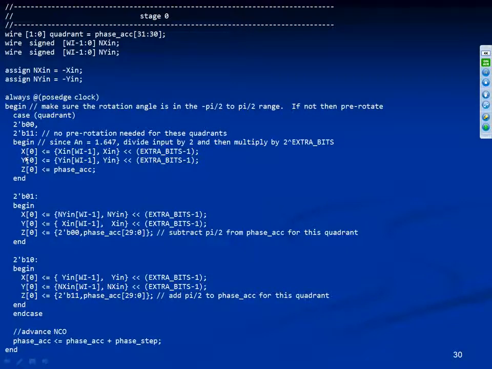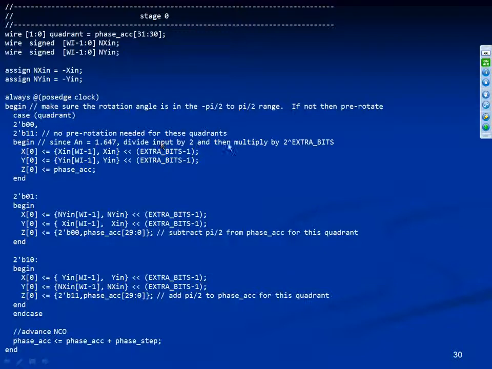So remember, we created our x, y, and z. So we're going to set up the 0th stage. We're going to set those equal to the data coming in. Well, since our overall gain is the 1.647, we want to divide the input by 2 and then multiply by 2 to the extra bits.